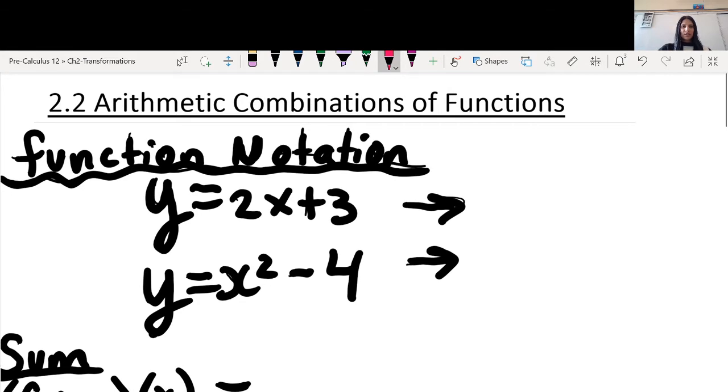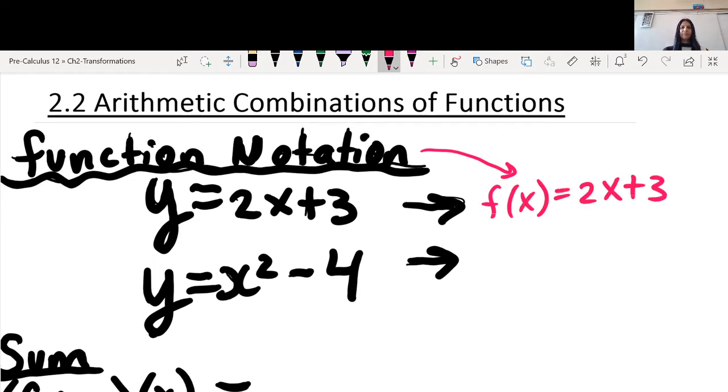You first learned how to do linear equations actually long before grade 10, probably grade 8 and 9 for the first time. So the first one is a linear equation, y equals 2x plus 3. And you learned how to write this in function notation by basically, instead of y, replacing it with f of x equals 2x plus 3.